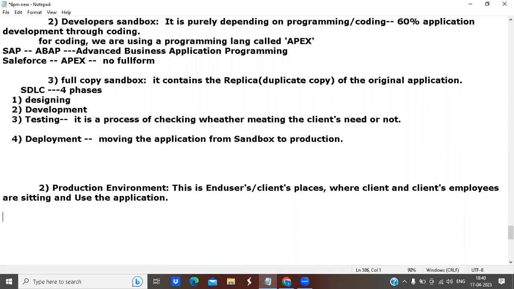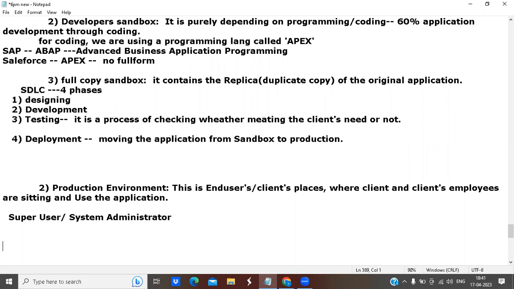there is another person who is always sitting at the client's place. A third person, we can call him a super user, or the other way around, we can call him a system administrator. So the system administrator is a person who is always sitting at the client's place, and he is the person who monitors the entire application, and he is the person granting the privileges.